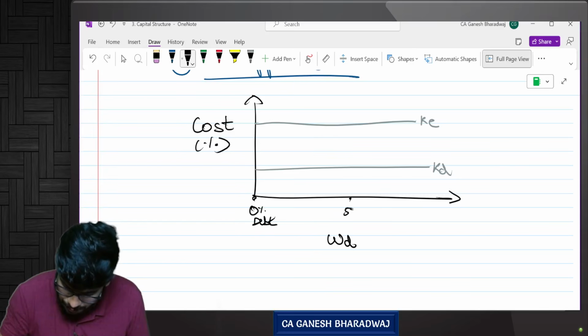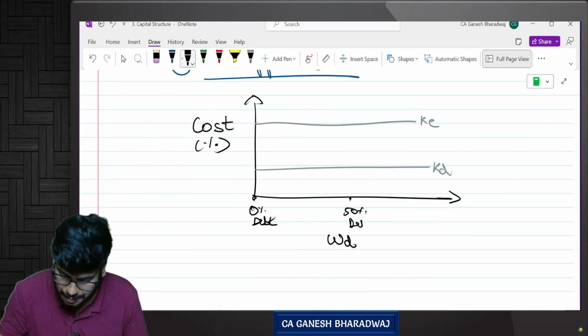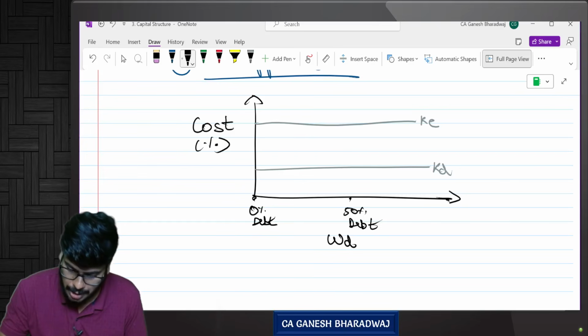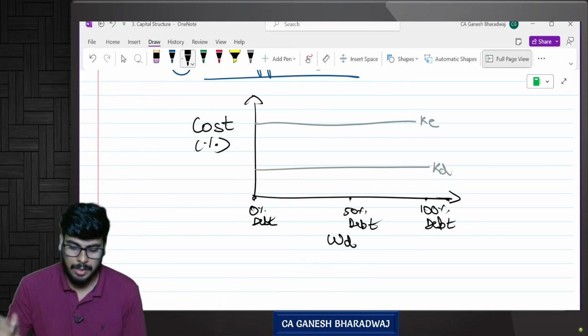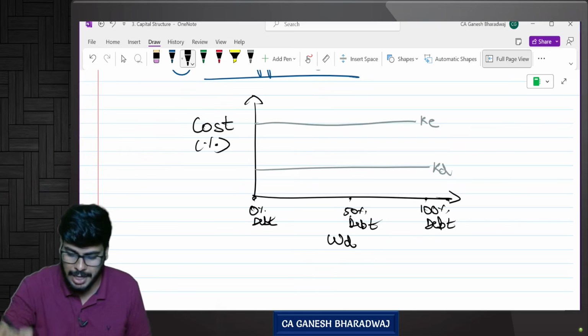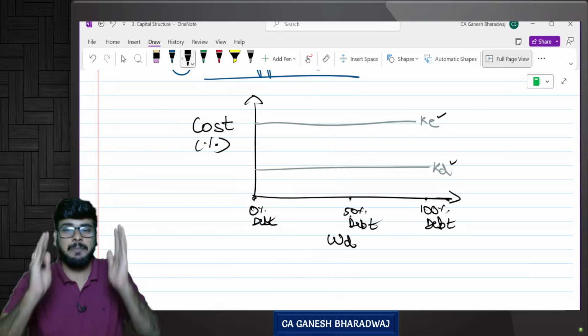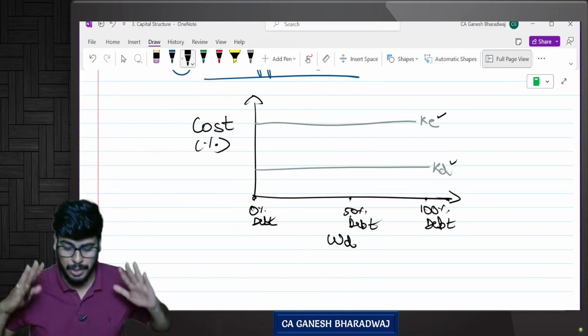Let's say this is 50% of the overall amount being raised through the debt channel. Let's say 100% is coming from debt. Just an example. Now what they are saying is, because I am starting to borrow more money from the debt channel, it will not impact my KE or my KD. The respective costs will remain the same. Correct? That is what this is saying.